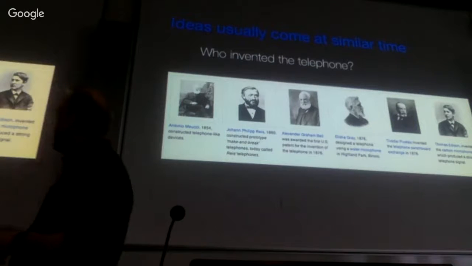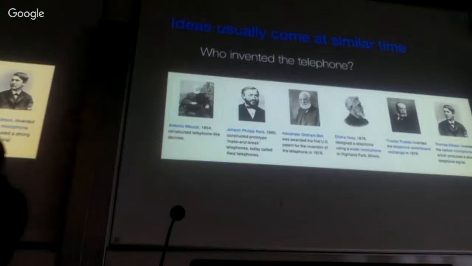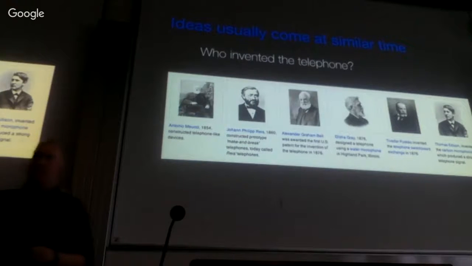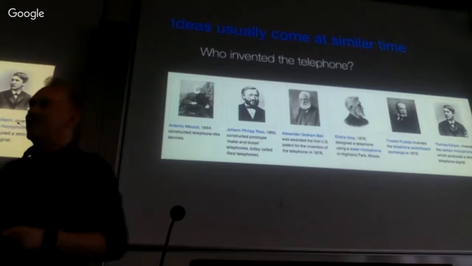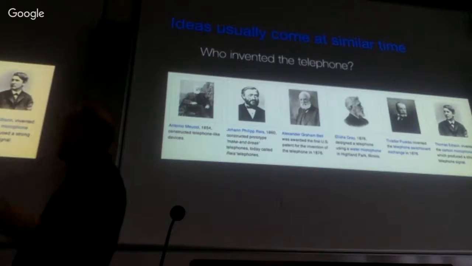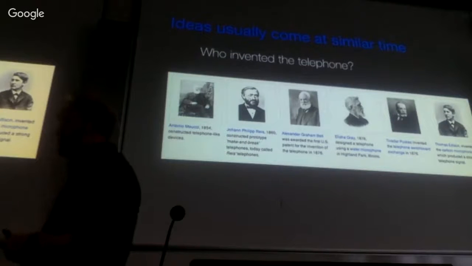But then Bell came, Elisha Gray, he was working on this device, and they actually filed a patent with the Office of Registration, whatever it's called, the same day. The same day. And there was a huge dispute over this, and for years they were in court.